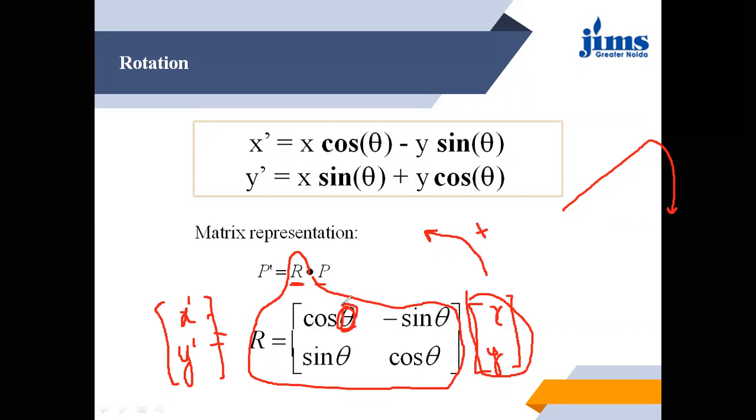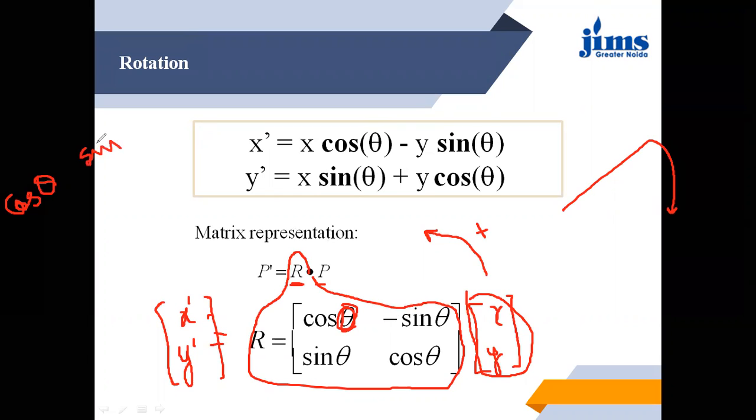And we know that cos minus theta equals cos theta, so it will be the same, cos theta. Sine minus theta is minus sine theta. So minus minus is plus, so now it will be sine theta.